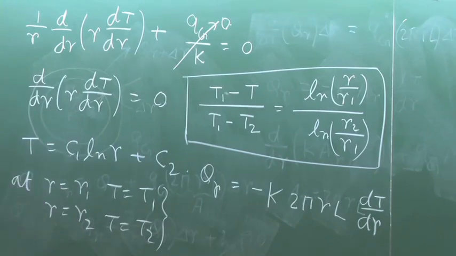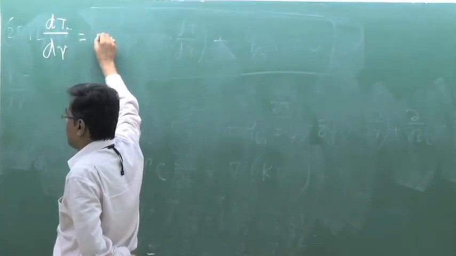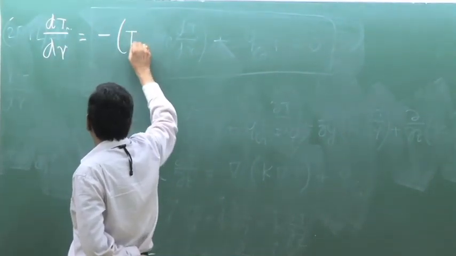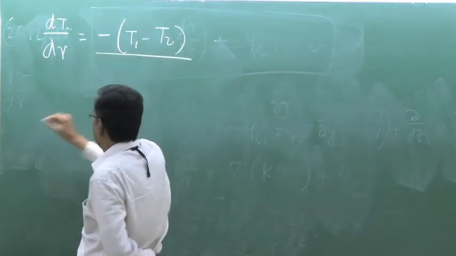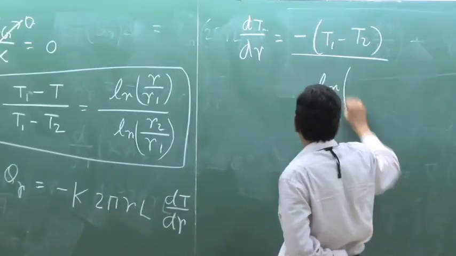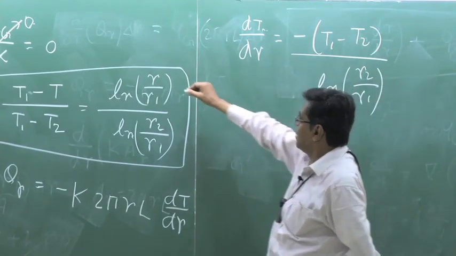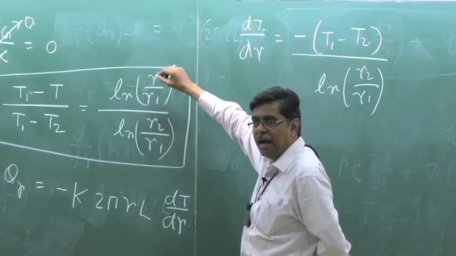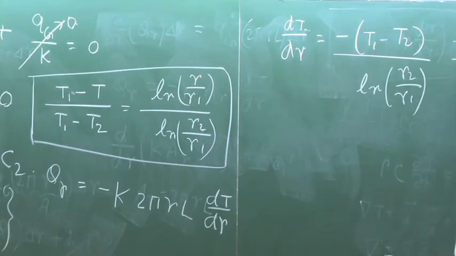What is dT/dr? dT/dr is minus T1 minus T2 divided by, this is constant, ln r2 by r1, and this differentiation gives r1 by r and again 1 by r1, that means 1 by r.